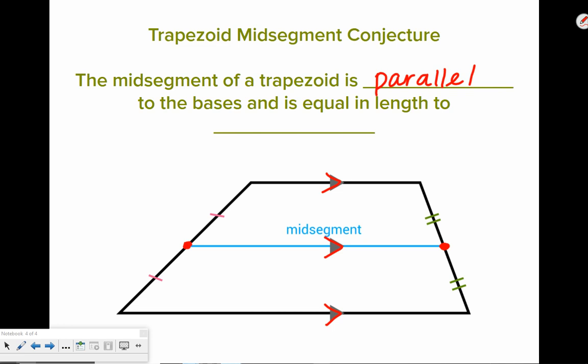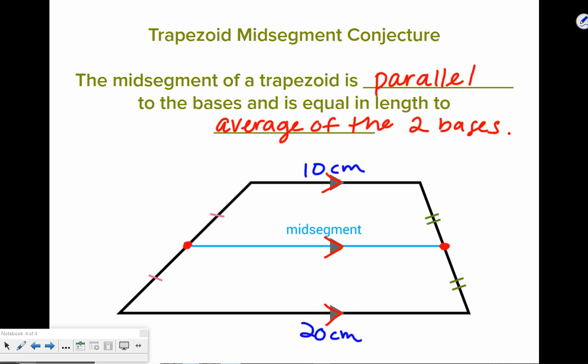We can also find the measurement of that midsegment, and it is equal to the average of the two bases. For example, we'll keep it simple with numbers. Let's say this base is 10 centimeters and this one is 20 centimeters.